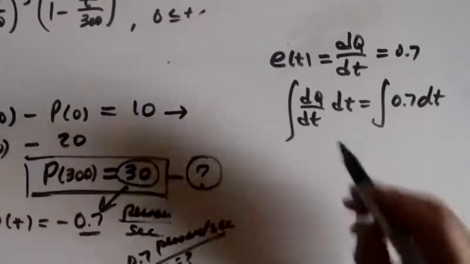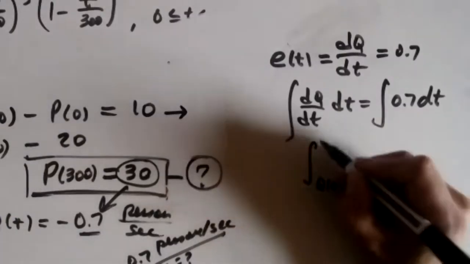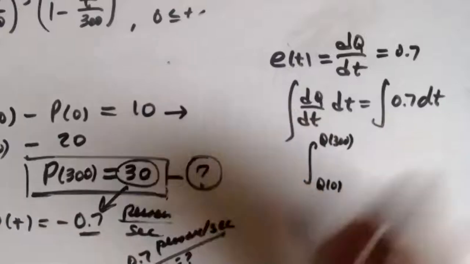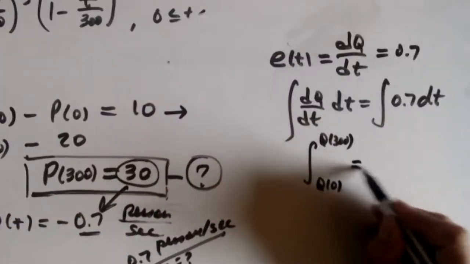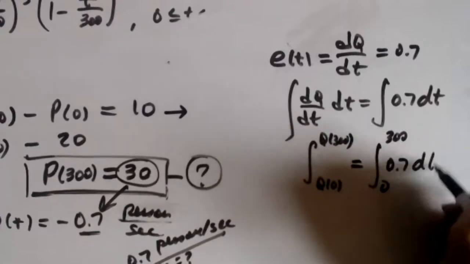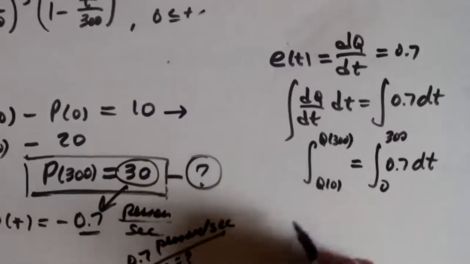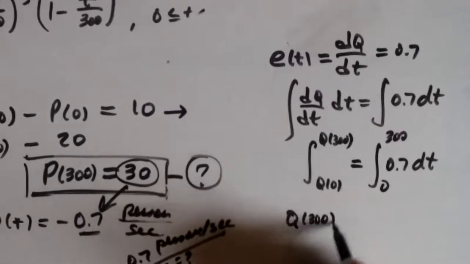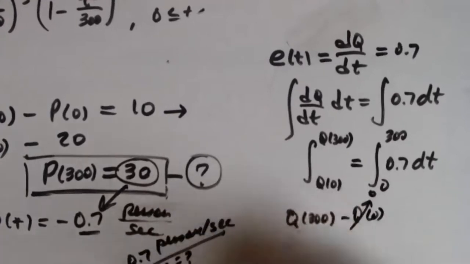Now, if we integrate, dQ/dt equals 0.7, so the integral of dQ equals the integral of 0.7 dt, right? So I have from Q of 0 to Q of 300. This is the number of people that enter, right? It is the integral from 0 to 300 of 0.7 dt. Now this is delta Q, so Q of 300 minus Q of 0. This is 0 because nobody was in the escalator really.